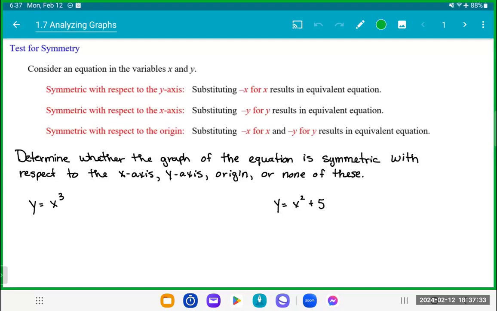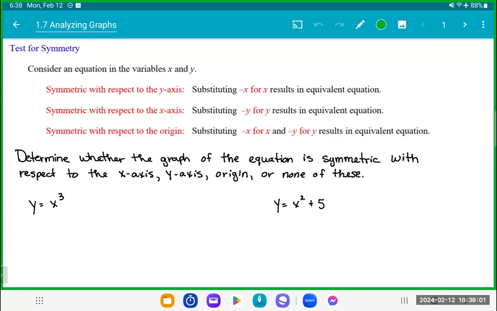If I put in a negative y for all the y's in my equation, solve it for y, and get the exact same equation, that means I have symmetry with respect to the x-axis. And if I substitute in negative x for all the x's and negative y for all the y's, and simplify and get back to the original equation, then that means I have symmetry with respect to the origin.